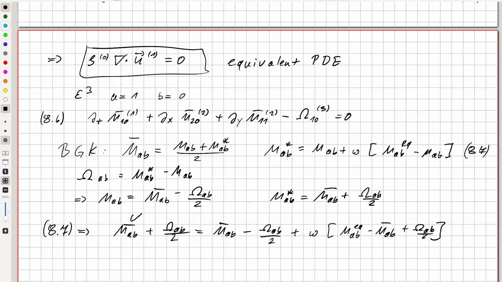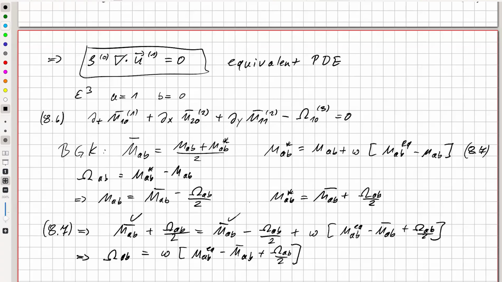So what you see is you can eliminate these things, and then you can rewrite this omega AB as small omega times MAB equilibrium minus MAB over bar plus omega AB half.